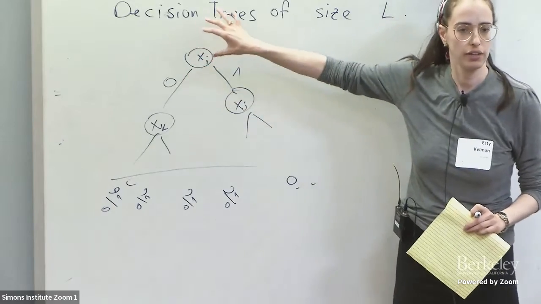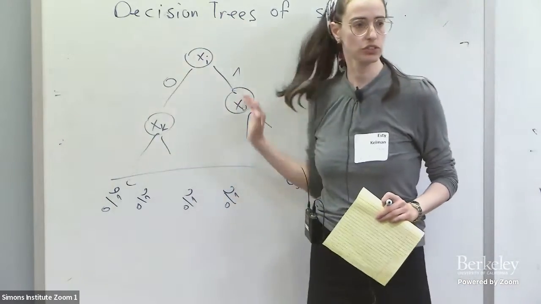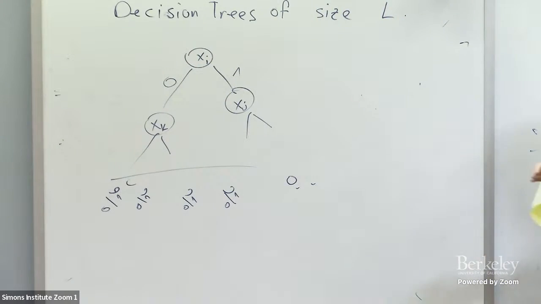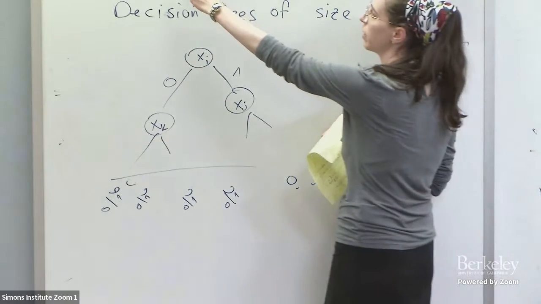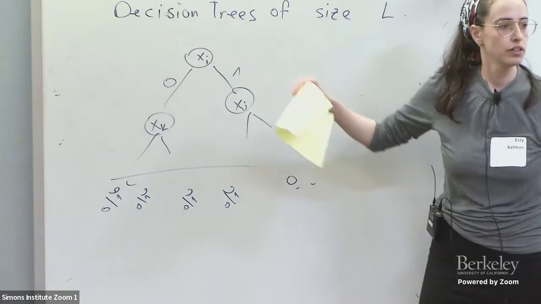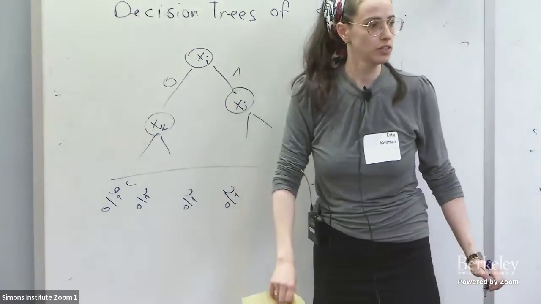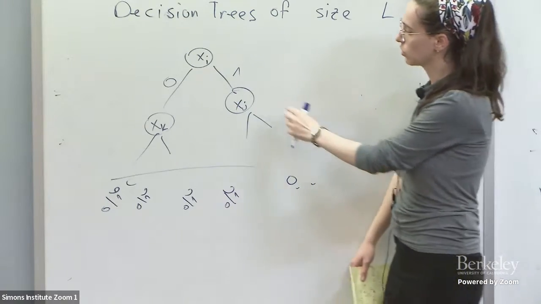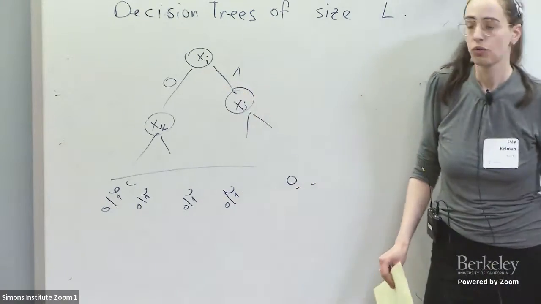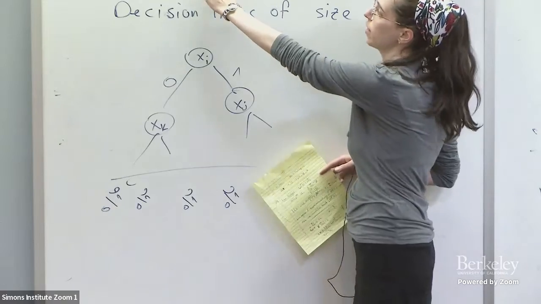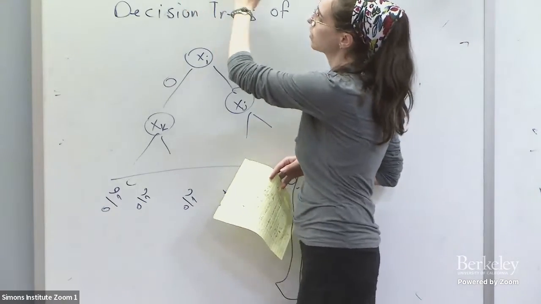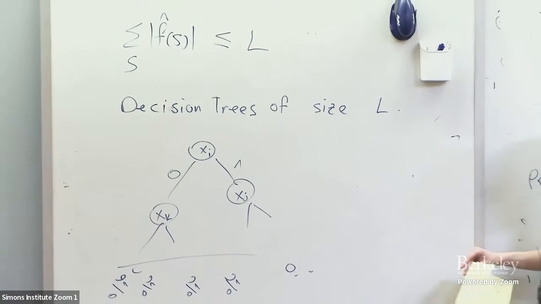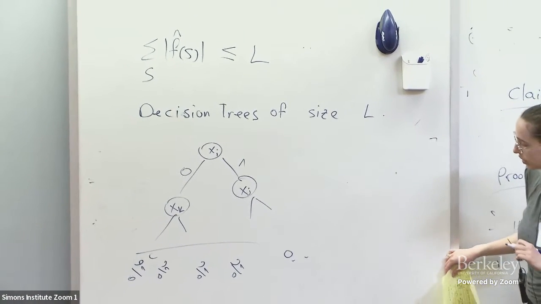So this is a way to compute a function. If a function is computable by a small decision tree, then we can know some things about this function. For example, we can bound the L1 norm of the Fourier coefficients. If the decision tree has at most L nodes, we can show that the L1 norm is at most L. The way to do it is quite easy. We do it inductively.